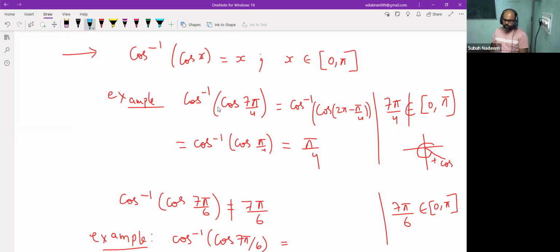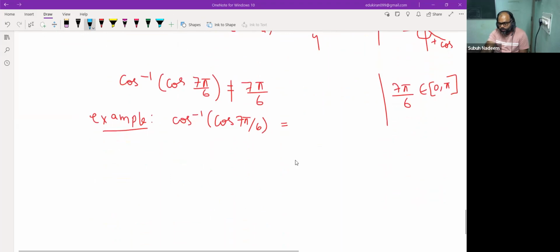Yes, have you written this part? Yes, sir. Okay. So now cos inverse cos 7 pi by 6, how are you approaching? Are you still trying or should I tell? I think you are trying.